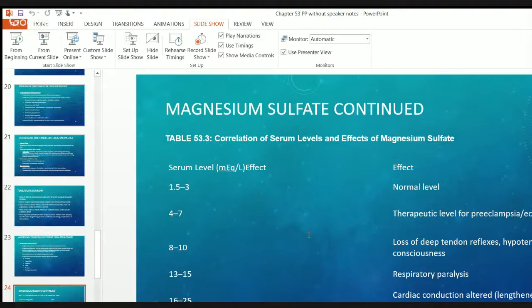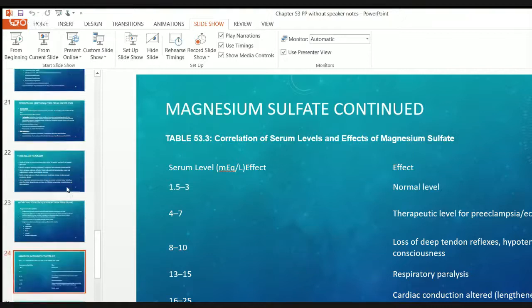So again, due to these risk factors associated with it, although typically they're going to get the levels drawn at minimum at least every 6 hours, you have to have the calcium gluconate. We have to have that readily available in case a woman does end up with toxic levels of magnesium in her system.